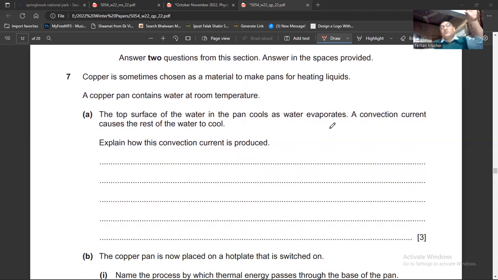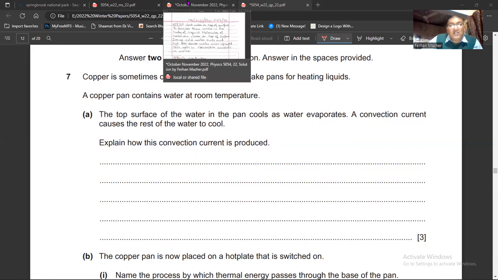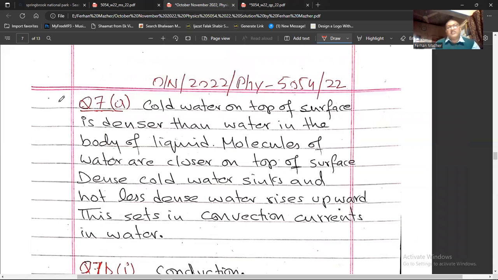So that water on top is dense, and the water at the bottom, which is hotter, is less dense. This less dense water rises upward, and the dense water sinks downward. So this creates convection currents in the body of the water when the top surface becomes colder. So this is my description.